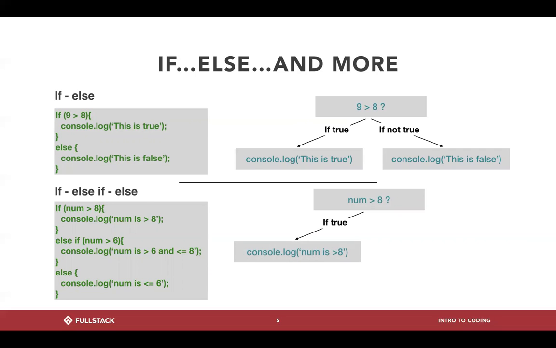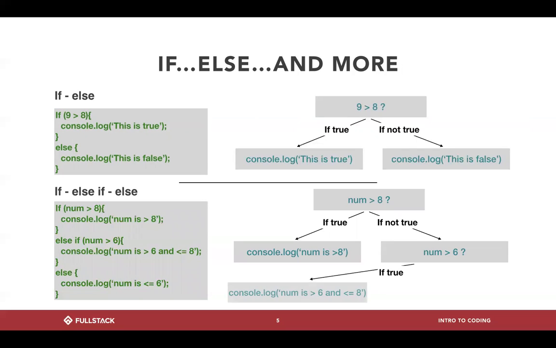Else, and now we can put this conditional in here: okay, now if it's not true, check this. Is that number greater than 6? If it is, log out num is greater than 6 and less than 8. Else, if it's not true on either conditional, we print out num is less than 6.